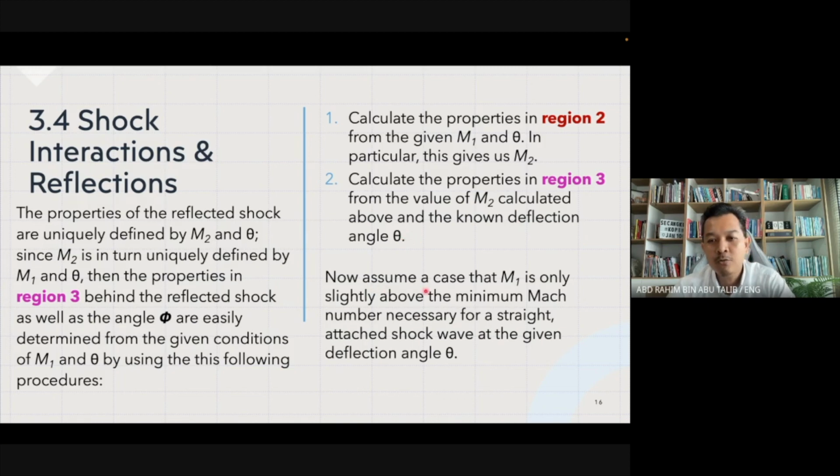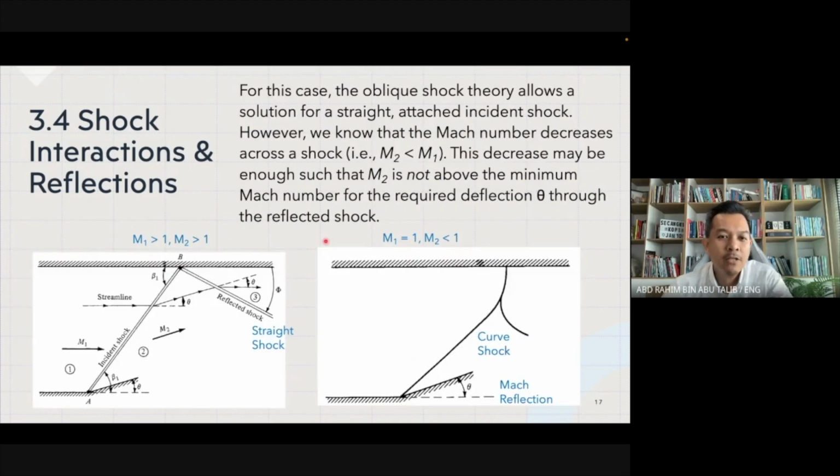Now assume a case where the Mach number in region 1 is only slightly above the minimum Mach number necessary for a straight attached shock wave at the given deflection angle theta. For this case, the oblique shock theory allows a solution for a straight attached incident shock.